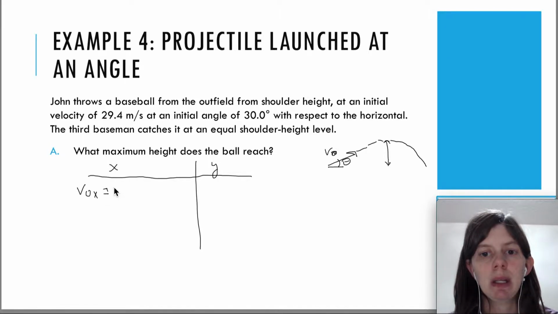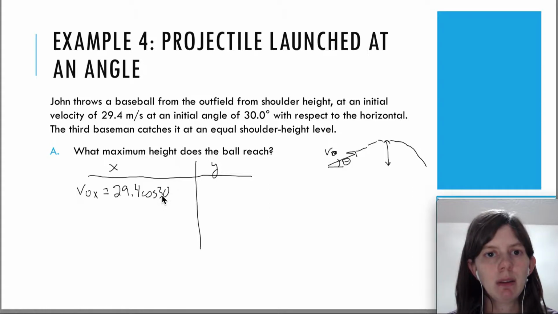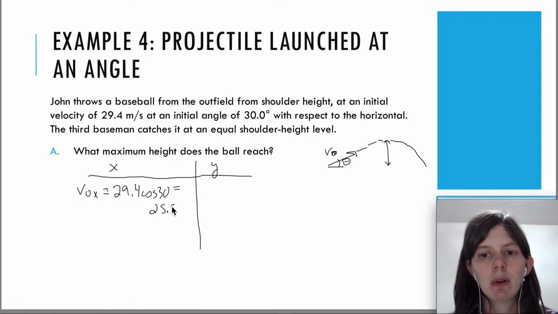It's going to be v initial, which is 29.4 cosine of 30. And this gives us 25.5. And then let's continue with the x direction. We have ax is 0.